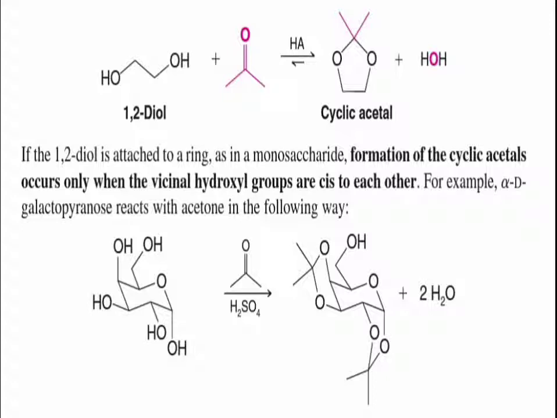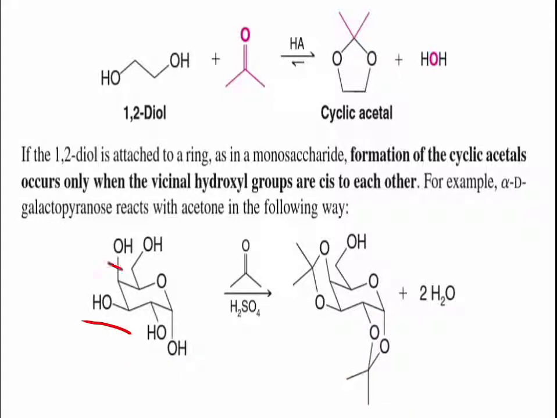Now see, in alpha-D-galactopyranose, as this is alpha, this is in the down position, because here the equatorial position is up, and similarly this equatorial position is down, because in this carbon the axial position is up. So these two are in the down positions, so these two hydroxyl groups are cis. So these two can form this cyclic acetal. You can see.